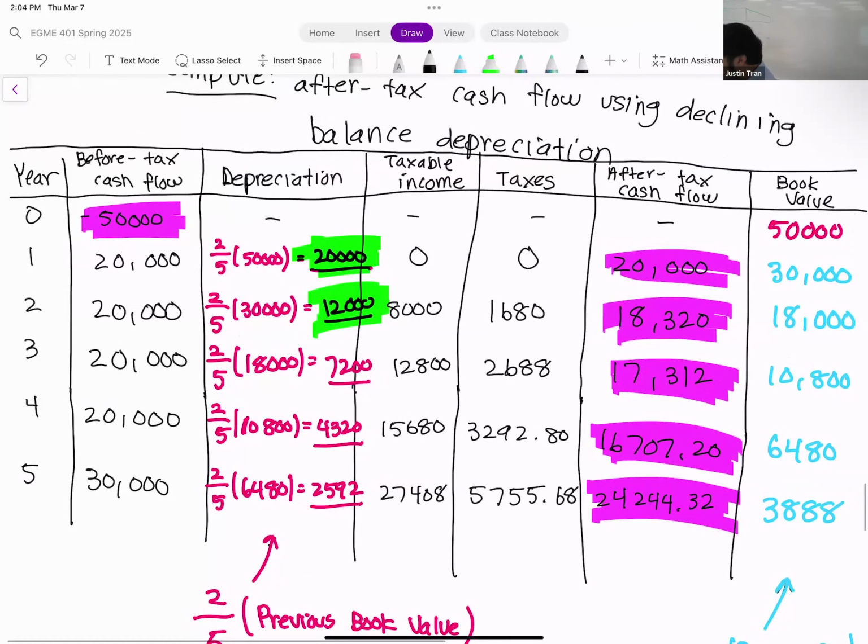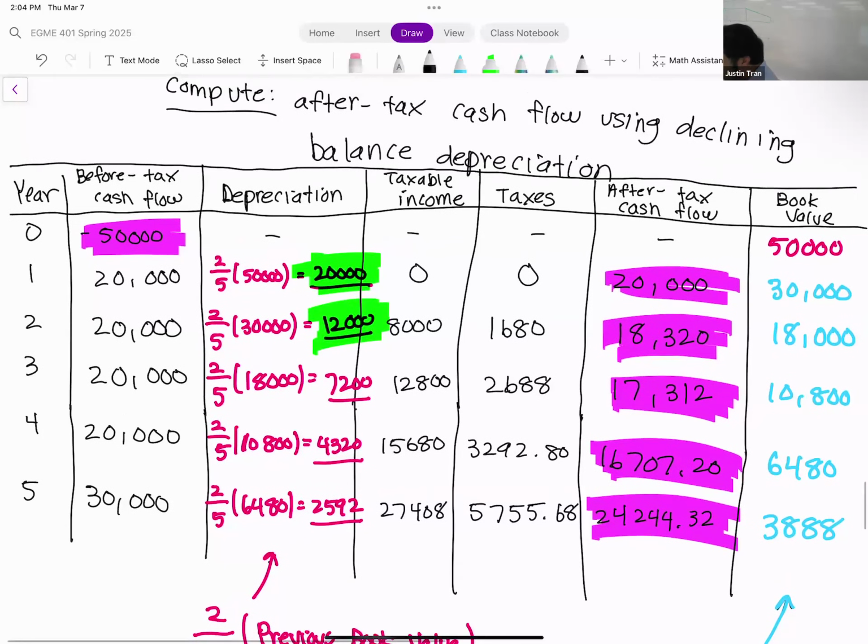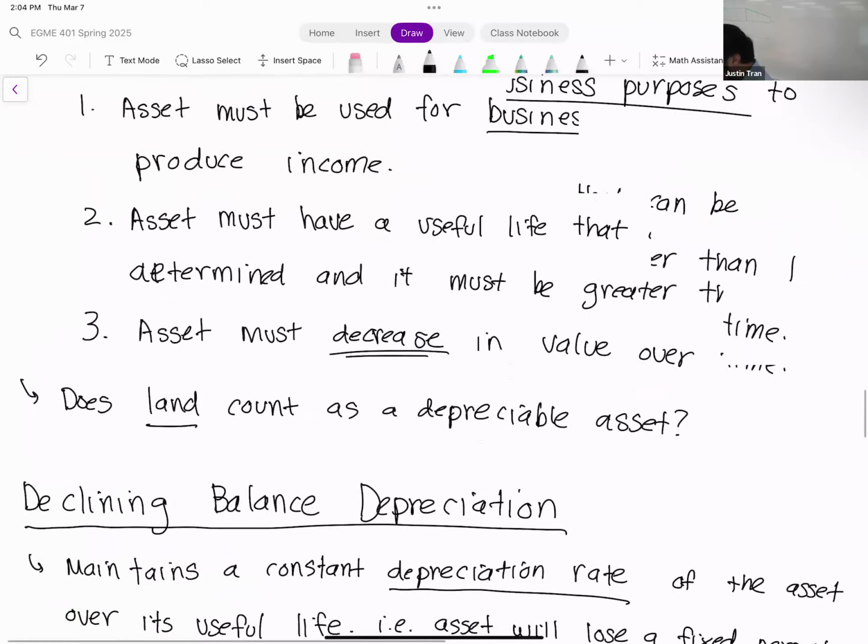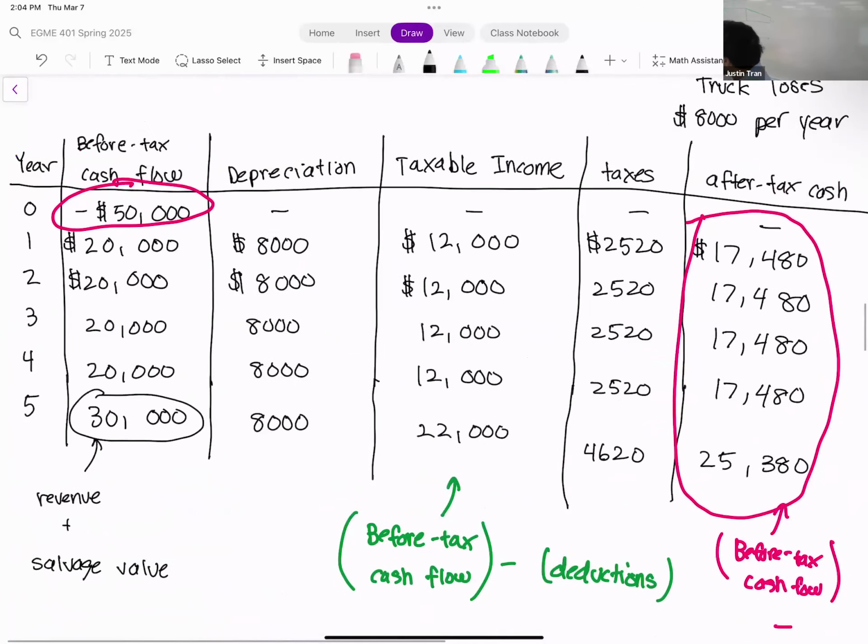So in this situation where you're having all your tax breaks up front, you can take that full $20,000 of revenue that you got in year 1, and you can invest it, right? Versus in the straight line, you have to wait a long time for your tax breaks to come, and that's time that could be valuable that you could use to either grow your business, invest that money more, or do stuff with it.